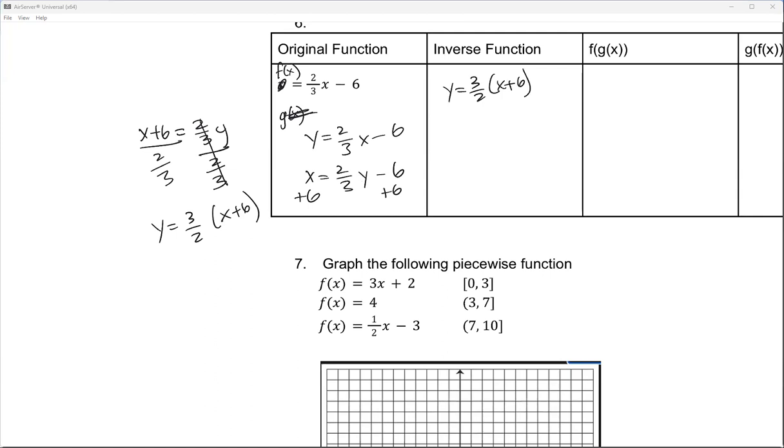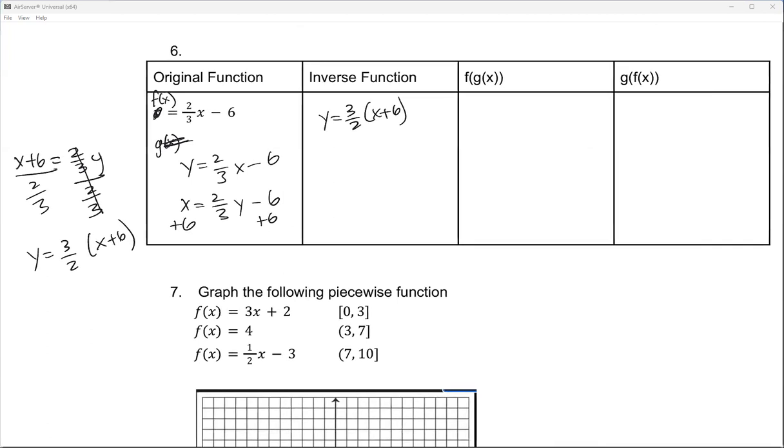And then what you need to do is verify that they're inverse functions. So you need to do f of g of x, and g of f of x. Let's say this is the g of x here. So what you're doing is plugging this into this right here.